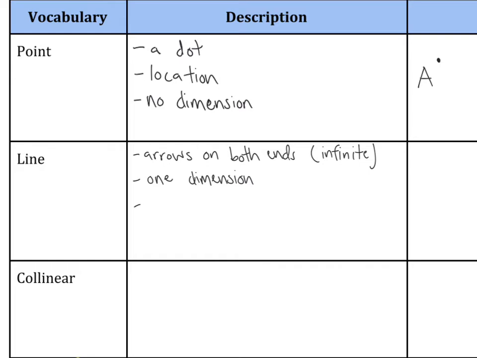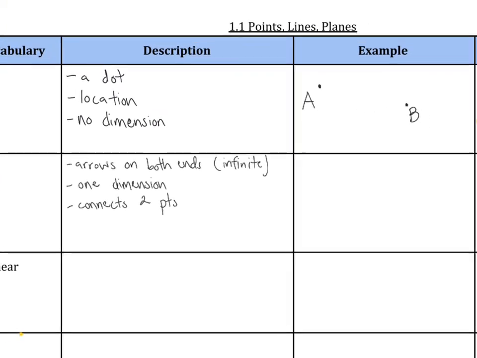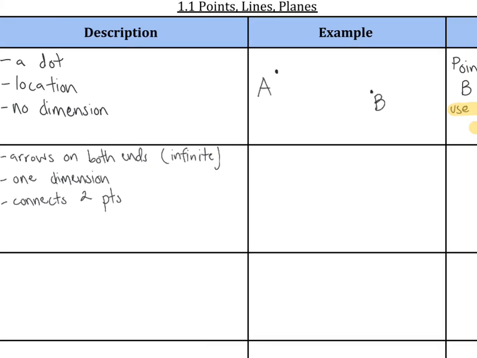All right, and the last thing a line actually does is it connects 2 points. This is the purpose of a line. If we have 2 points in space, you can connect those 2 points with a line. So, if we move into our drawing or example of a line, we should first draw 2 points because that's what a line connects.